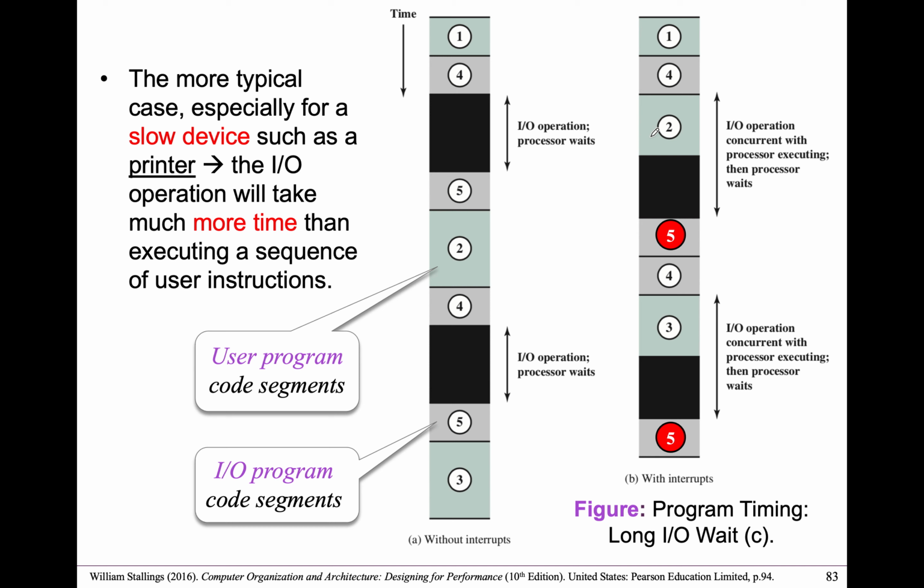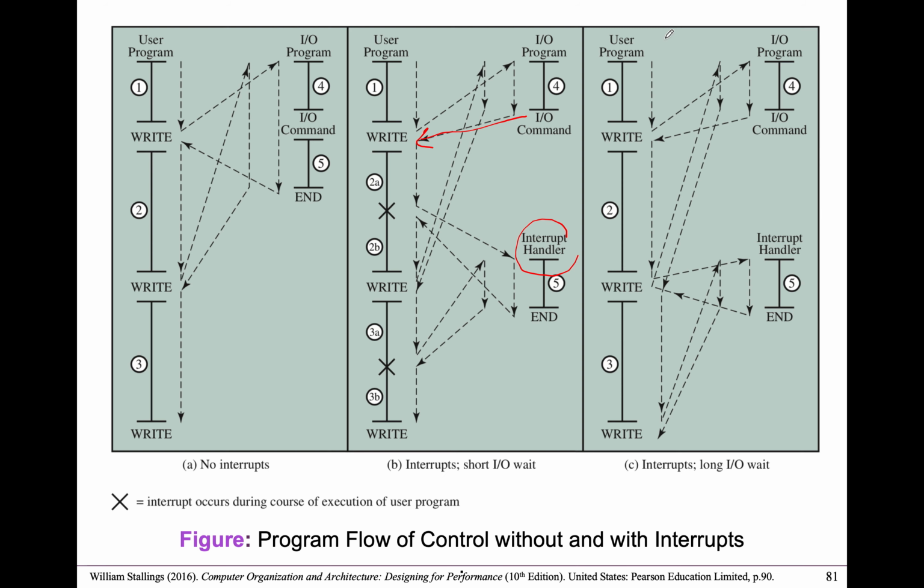And over here you can see it is a program timing for long input output wait. This one is similar to without instruction, and you can see you start with step number 1, similar to whatever happened here.